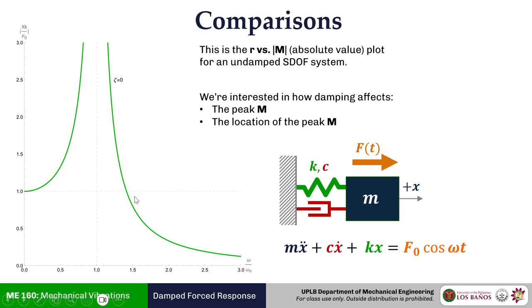So, etong part na to na nasa ilalim dati, pumunta lang sa taas kasi absolute value na. So, for undamped systems, ang ating peak amplitude ay nasa resonance or R equals 1 at yung value niya ay infinity. Ano kaya mangyayari pag naglagay tayo ng damping? So, yun yung kailangan natin bantayan for this session.